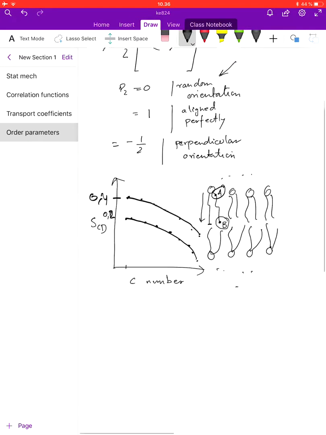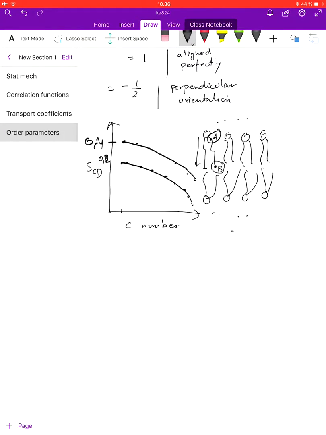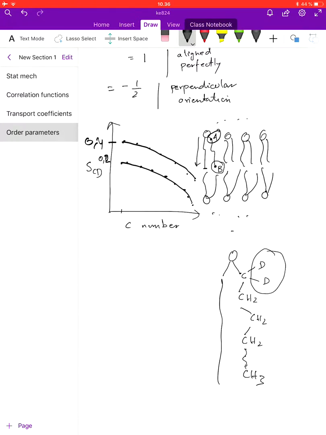In experiments, you can measure the same values by, for example, if you take this lipid, you can take this first carbon and replace the hydrogens by deuteriums, and in all subsequent carbons you only have hydrogens, and this goes all the way to the last carbon, CH3. From this experiment, you can measure quadrupolar NMR splittings for this particular methylene group, and you can get one of these points.